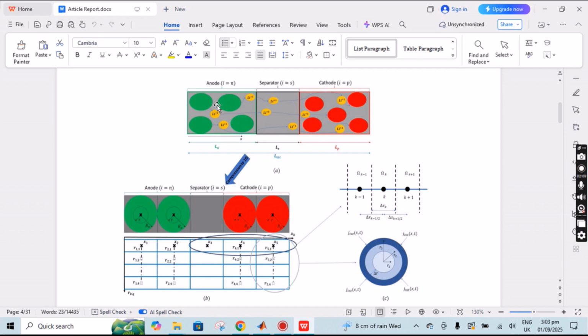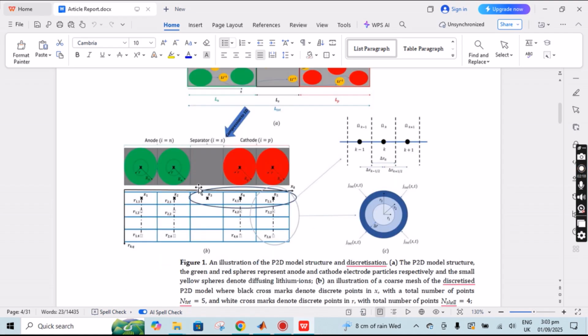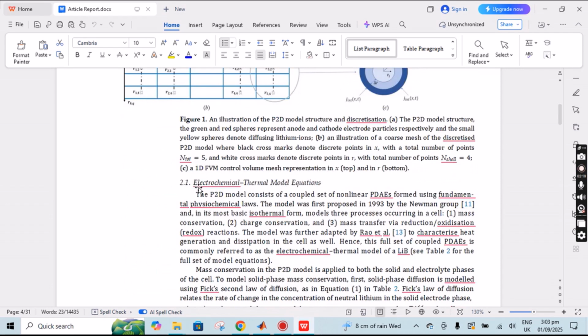It means that it provides the charge from cathode to anode basically. This figure shows the total number of points, how these denote discrete points from the coarse mesh system.